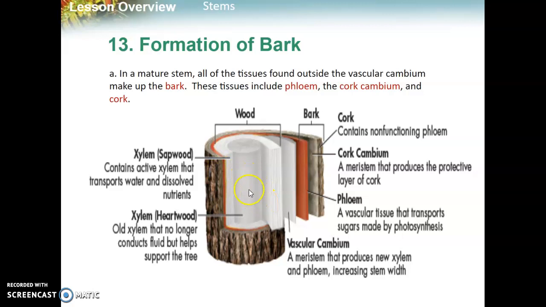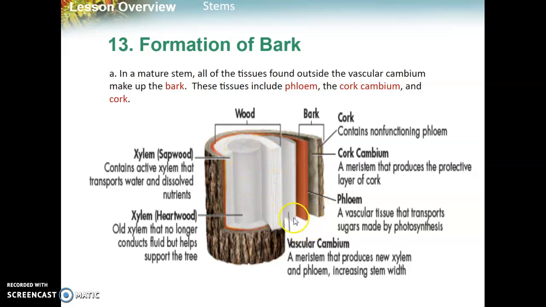And you can see that there's the phloem. So here's the look again. Here's the vascular cambium right here. This is all xylem, all in the middle. Primary and secondary xylem. You've got heartwood and you've got sapwood. That's all part of the xylem, and we call that wood in the tree.